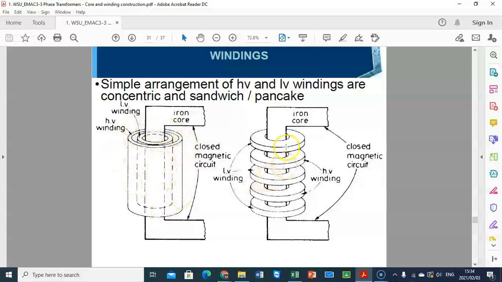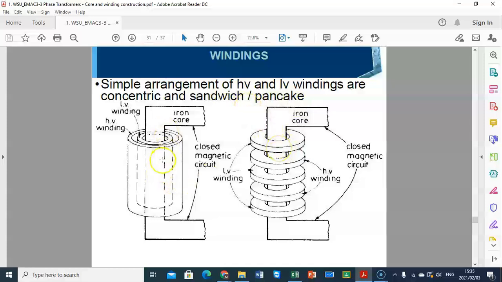And then you can also have the sandwich or pancake winding, where you have discs, low voltage, then high voltage winding, again low voltage winding, high voltage winding, all on the same core, but in pancake or sandwich format.